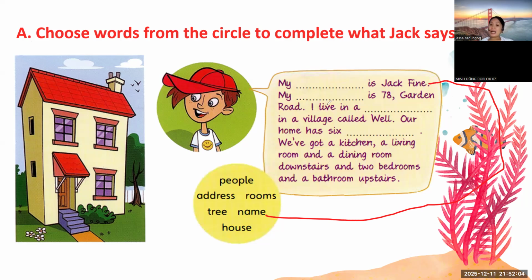House. My house is 78 Garden Road. Is it correct? You are going to tell the location of your place. What is that? My blank is 78 Garden Road. What do you think, potato?